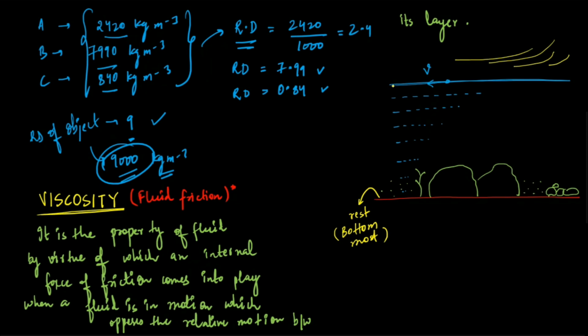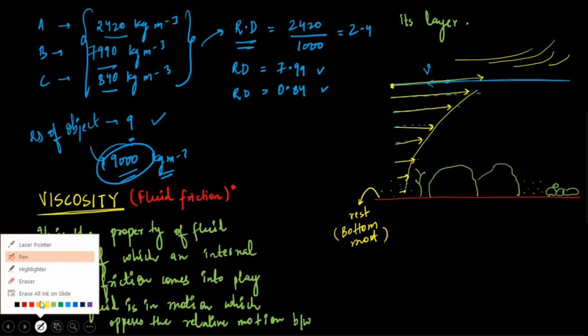This is also known as the velocity profile, which shows that layer by layer, as we go deep into the ocean, the layer's velocity keeps on decreasing. And that decrease in velocity is simply due to viscosity, that is the friction, a physical property.